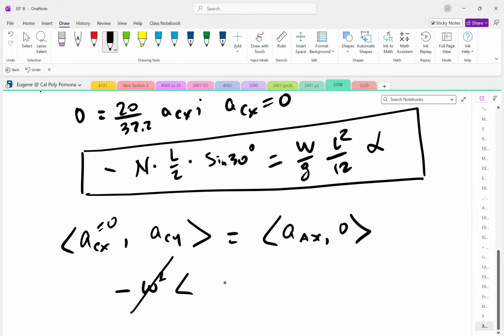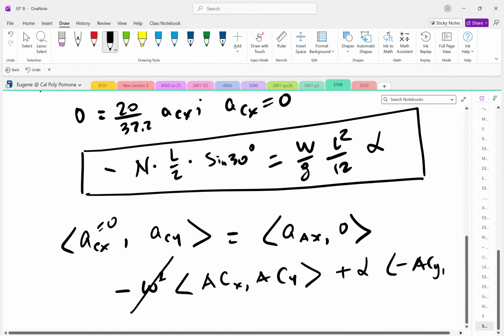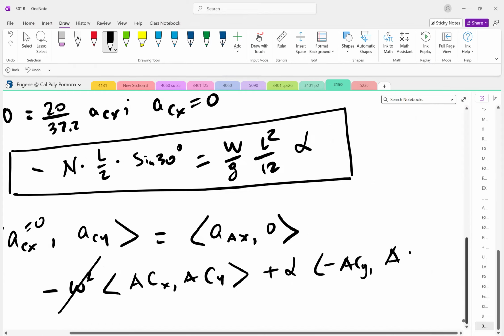And that's going to be the a_Cx, a_Cy, plus alpha, minus a_Cy, a_Cx.